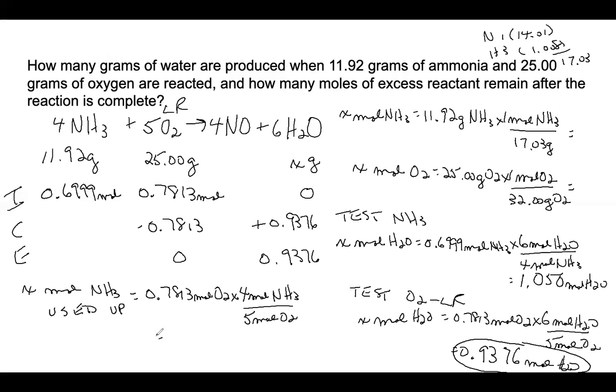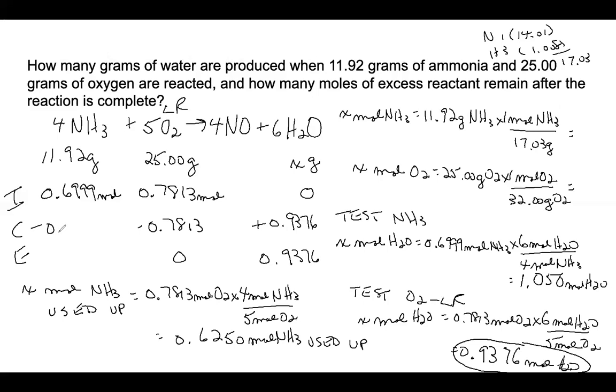So let's see what that is. So 0.7813 times 4 divided by 5 equals. So we get 0.6250 moles of NH3 used up.